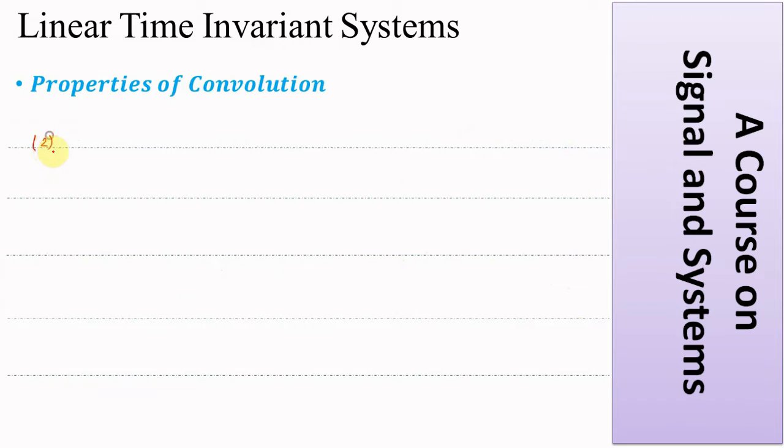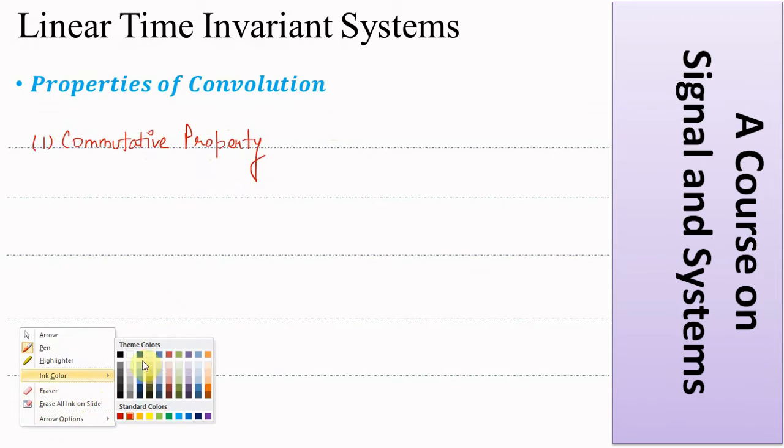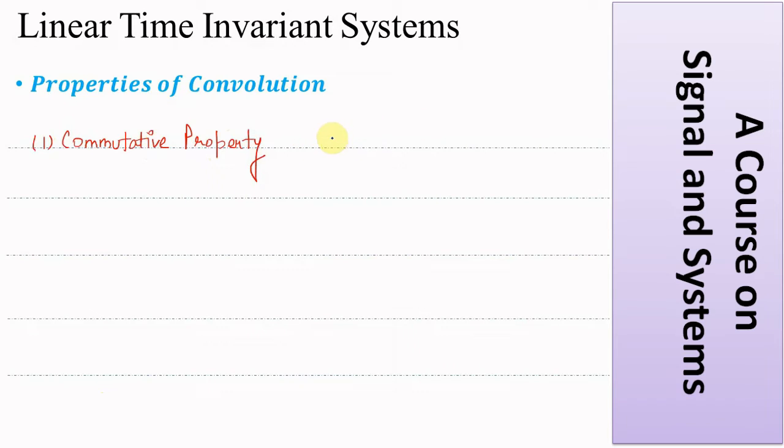The first is called the commutative property, which states that if there are two signals and I compute their convolution, so if I have xt convolution with ht, it is actually equal to convolving ht with xt.